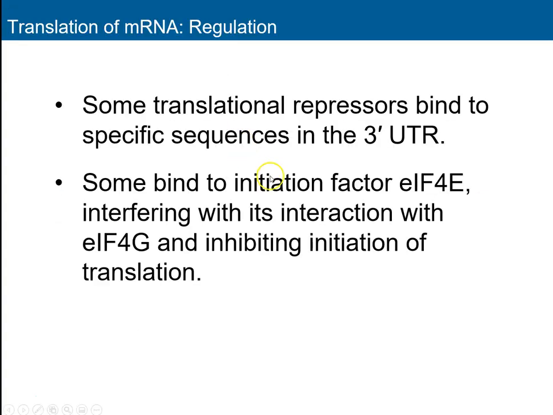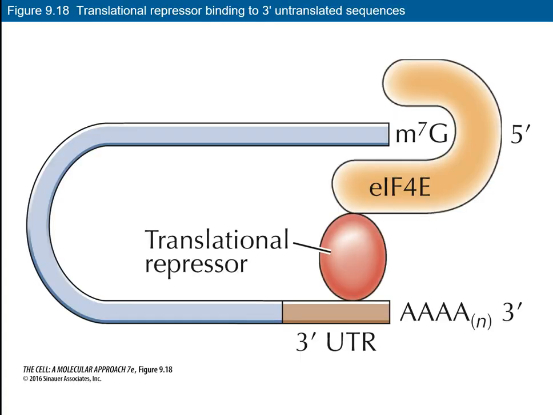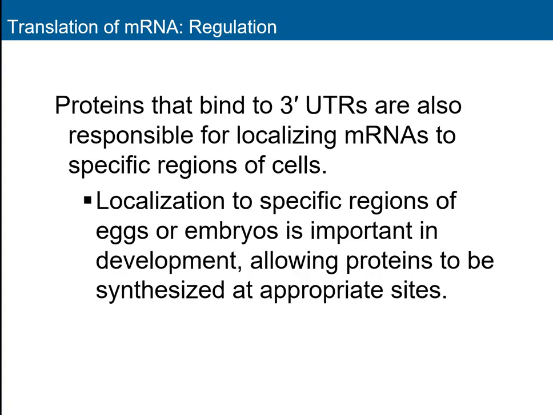Some can actually bind to the initiation factors themselves. Same idea: it interferes with the interaction with the other initiation factors, and therefore translation will not occur. So here's a repressor that binds to that UTR, and it interferes with other initiation factors being able to bind.